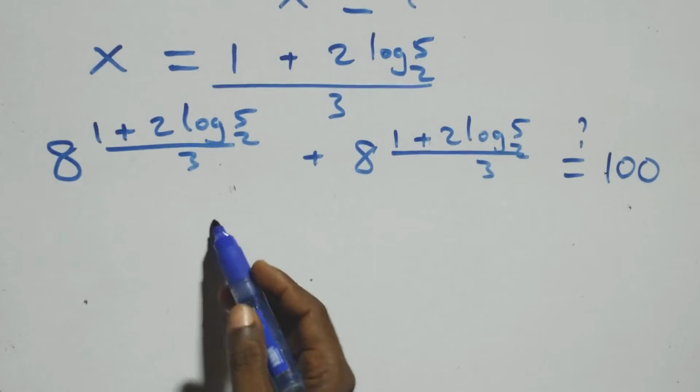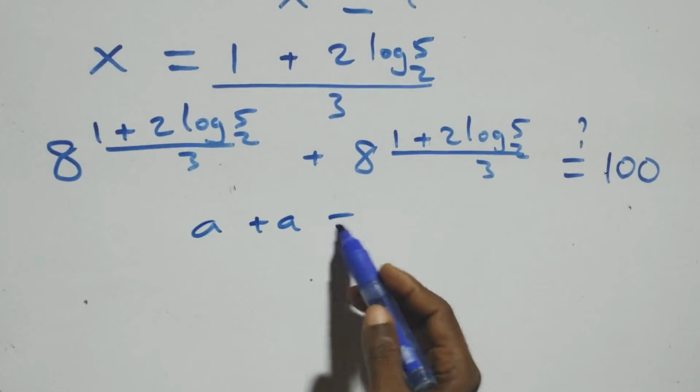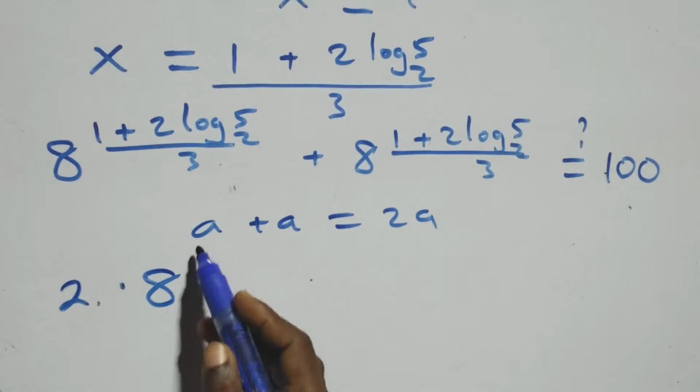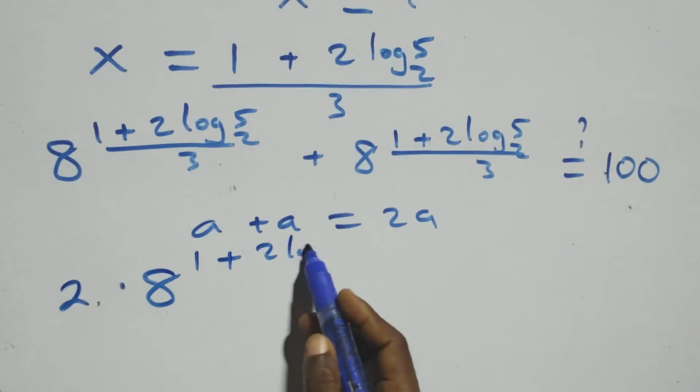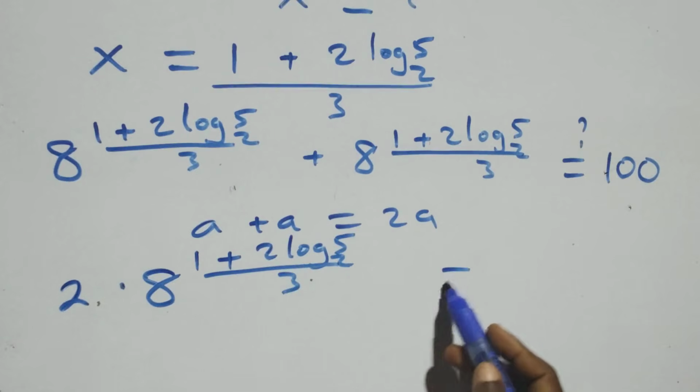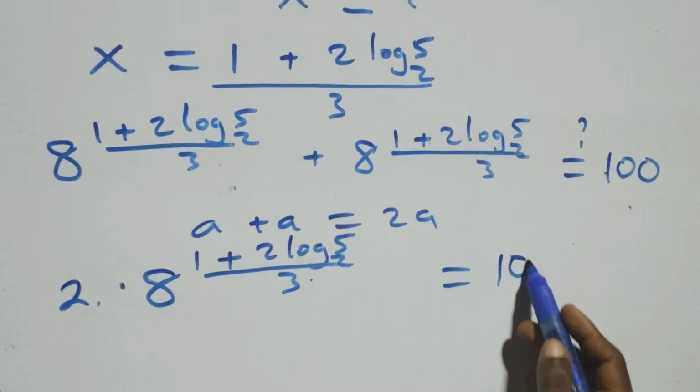When we have the same thing together, a plus a, we write that as 2 times a. For this, we have 2 times 8 raised to power 1 plus 2 log 5 base 2 all over 3 equals 100 on this side.